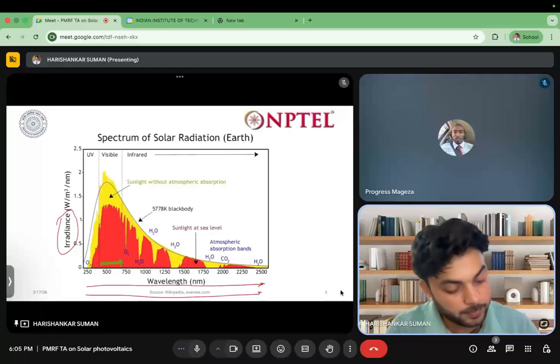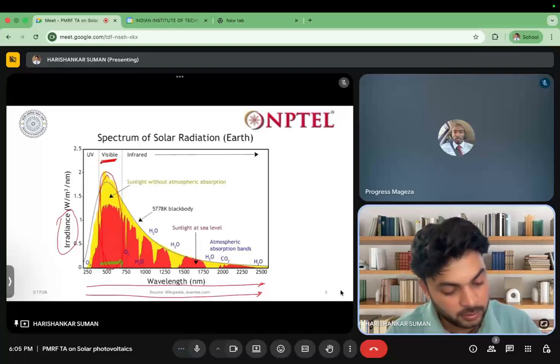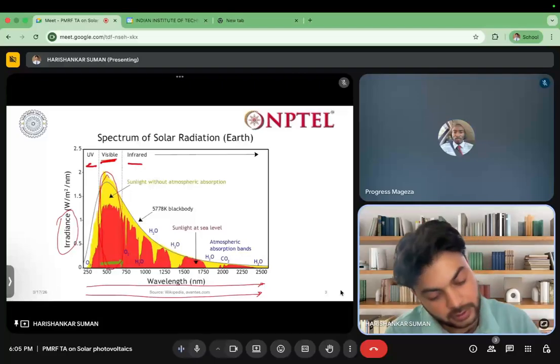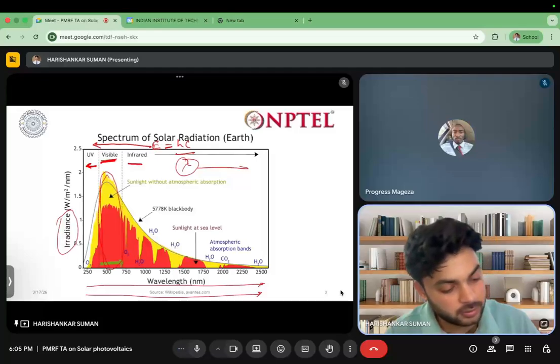The number of photons is highest in this visible range. This is visible, infrared and UV. Energy is increasing on this side because E = hc/lambda. Lambda is increasing on this side, so energy will decrease on this side.